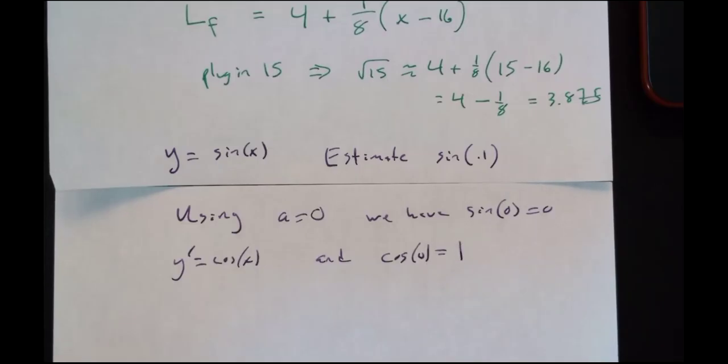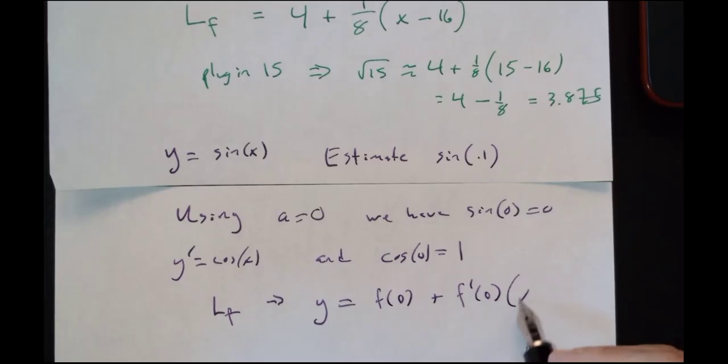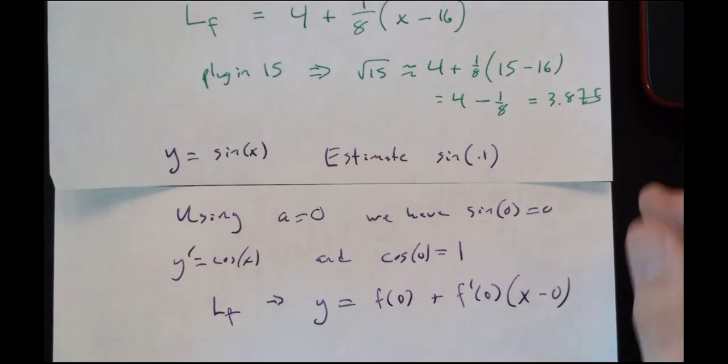What's the linear approximation function I have here? Okay. I start with the value. It's f of 0 plus f prime of 0 times x minus 0.